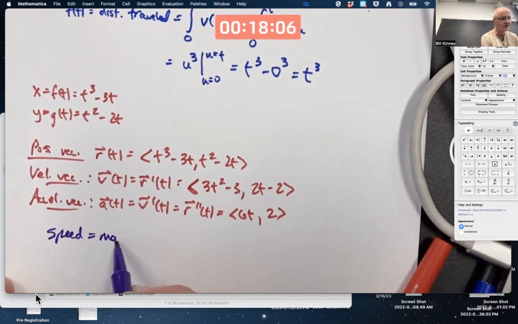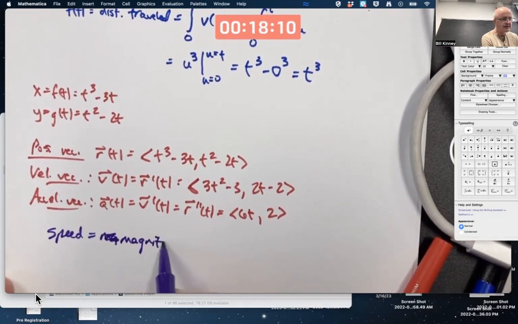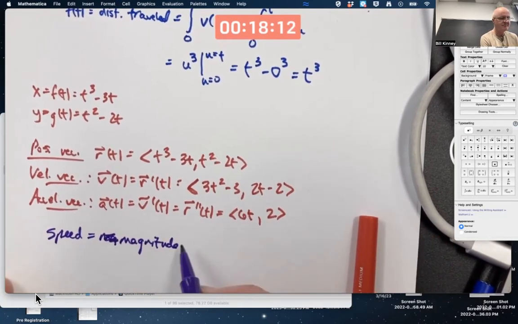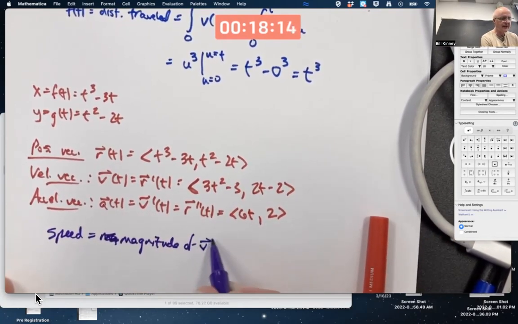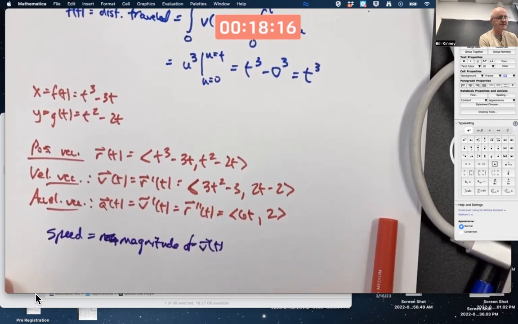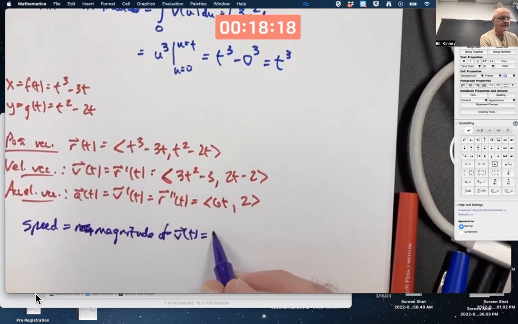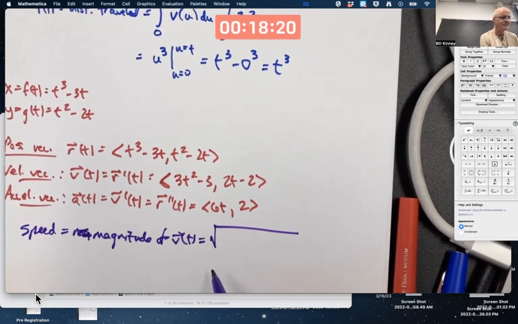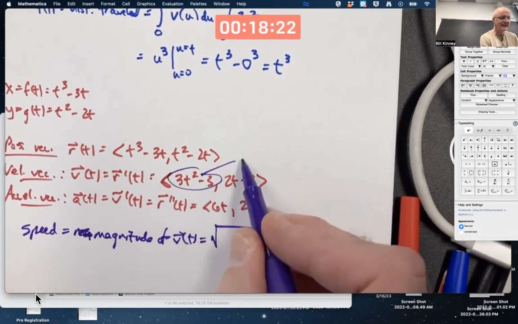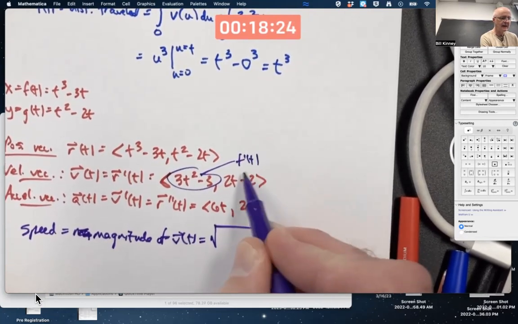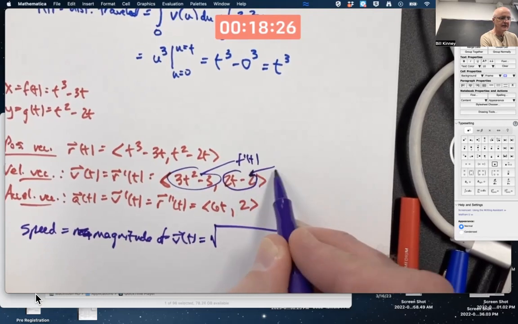I'll use the word magnitude today. Magnitude, same as length, of v of t. And again, that means use the Pythagorean theorem. Take the square root of what? That's f prime of t, and this is g prime of t.